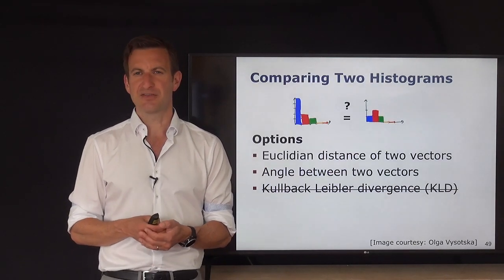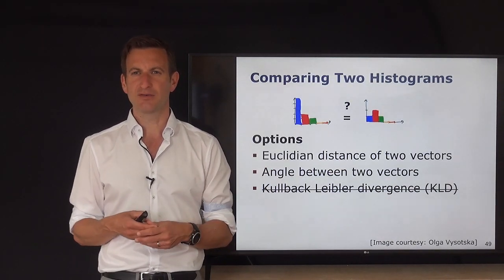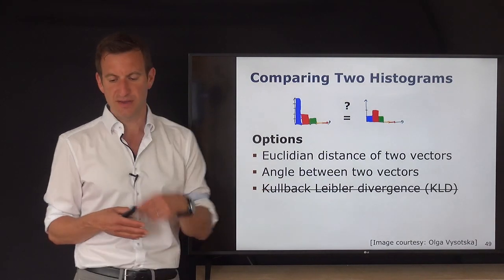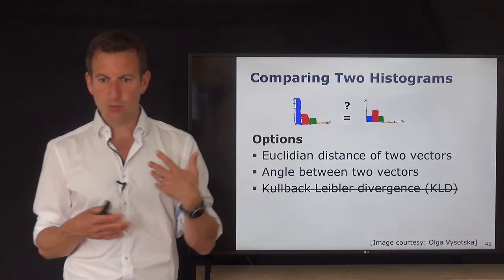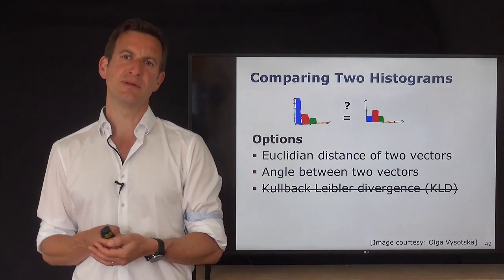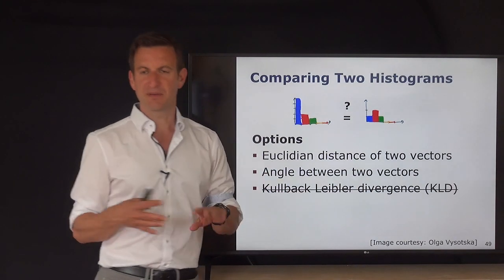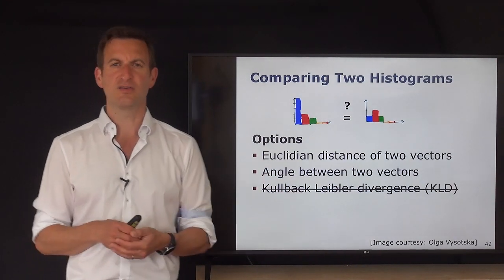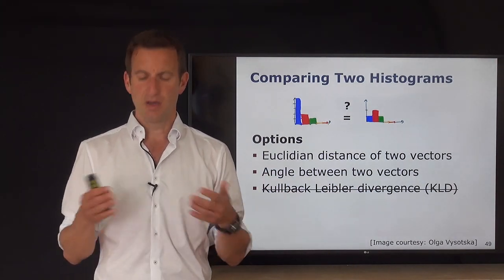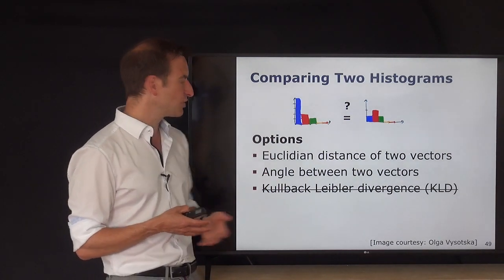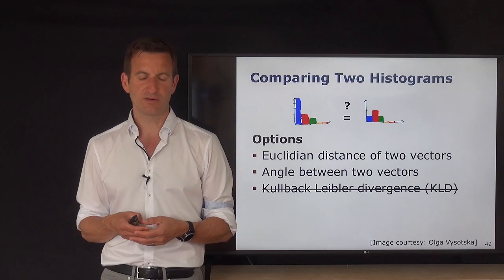I still haven't answered the question, how do we compare our histograms? Should we take Euclidean distance or the angle or Kullback-Leibler divergence? As we have now reweighted our histograms, we don't have probability distributions anymore, right? So Kullback-Leibler divergence is probably something we don't want to use because it was intended to compare probability distributions. But we can still ask the question, should we use the Euclidean distance or the angle between the two vectors?